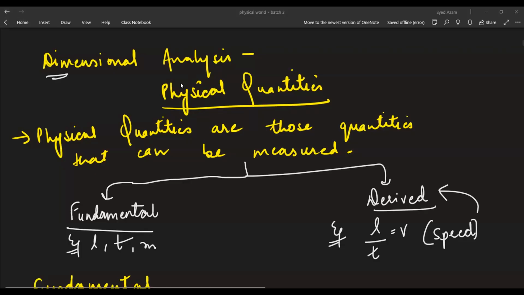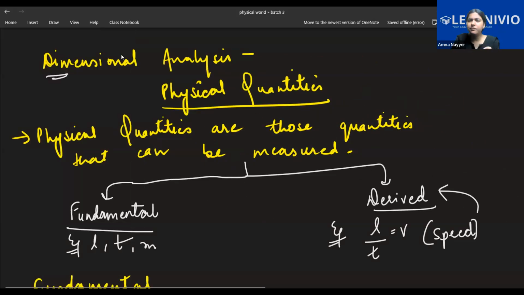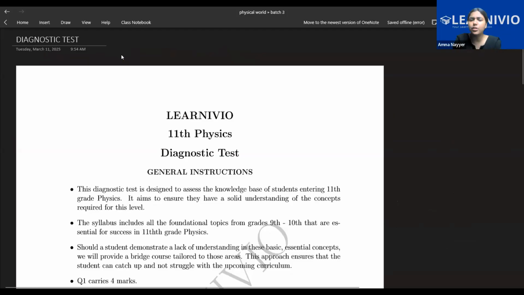Okay, Aisha, there's a small diagnostic test that I have to take of yours. Basically, being in class 11, some basic mathematics and basic science you should already know. If you are lacking somewhere, or if I feel that some concepts of class 9th and 10th are not clear, I'll give you one class where we brush up those parts, so that you are completely prepared for class 11th and you'll not face any difficulty.